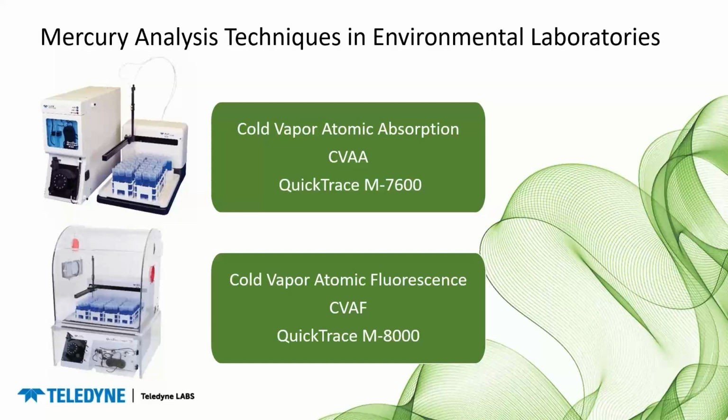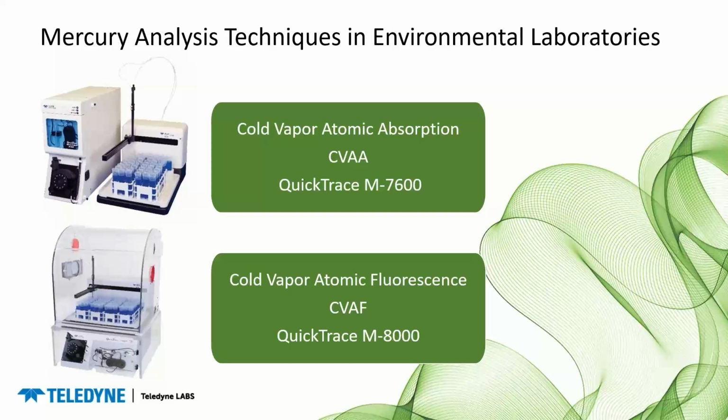Cold vapor atomic absorption and cold vapor atomic fluorescence are the two most common techniques used for mercury analysis in environmental laboratories. In this next section, I'll first describe the difference between atomic absorption and atomic fluorescence techniques on the atomic level.